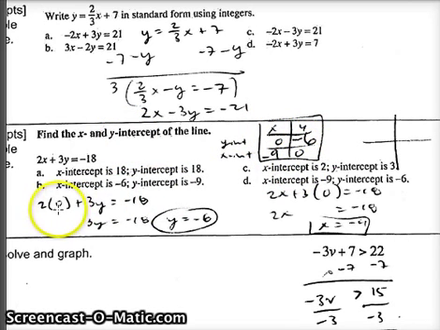Make x equals 0 here, that becomes 0. You're left with 3y equals negative 18. Divided by 3, y equals negative 6. 0, negative 6 is my y-intercept. If you make your y equals 0, 3 times 0 is 0, so you're left with 2x equals negative 18. Divided by 2, and you get x equals negative 9. Negative 9, 0 is your x-intercept.